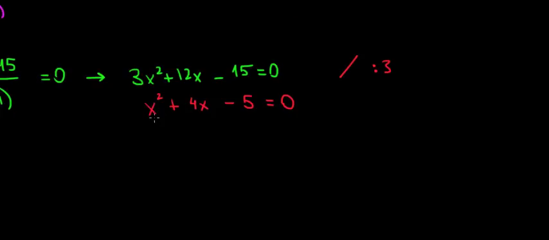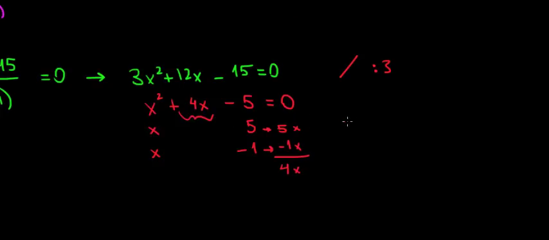Well, we have x and x, and then here we must have two numbers that when we multiply we get minus 5, and when we add we get 4x. So if we do 5 and minus 1, 5 times minus 1 equals minus 5. And if we take it with the x term, we would get 5x and minus x equals 4x, and that's exactly the middle term.